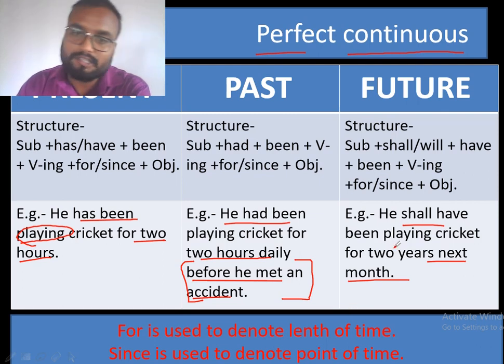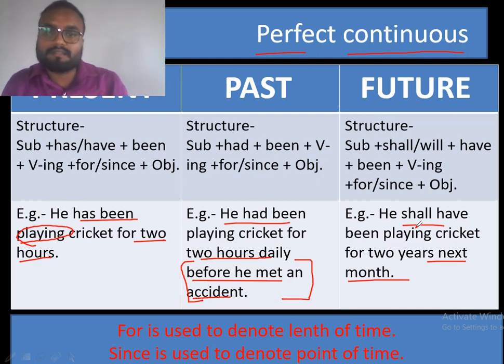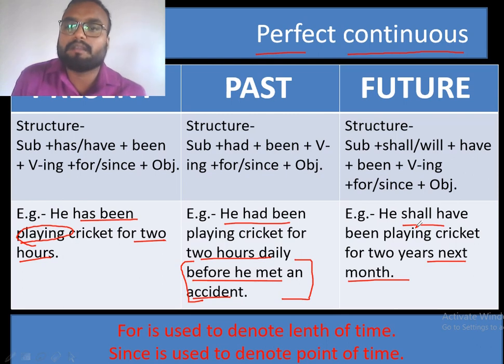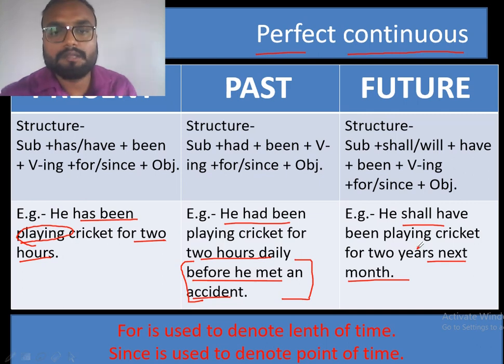So you can see over here that it's perfect, he has been playing, there's no doubt in it. But the action is still continued, and since it's a case of future tense, a time of future is being referred to, that in the coming next month he will complete his 2 years of playing cricket.